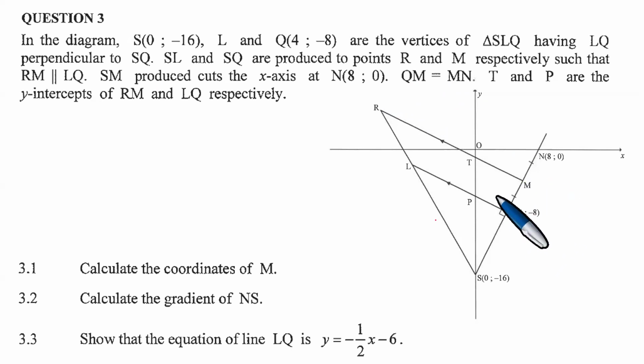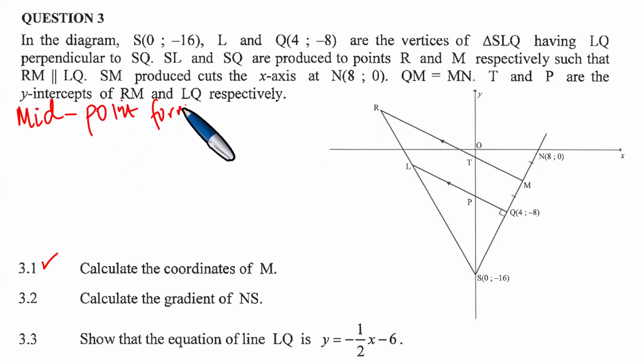Because QM is equal to MN, we can find the coordinates of M. We use what we call the midpoint formula.